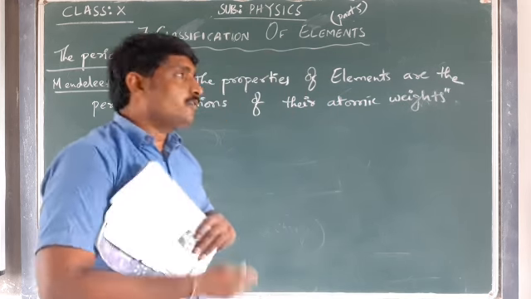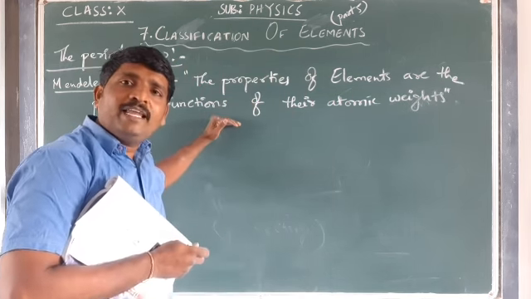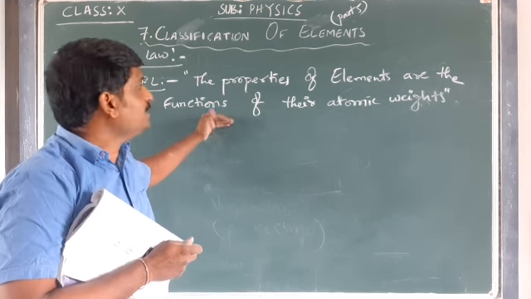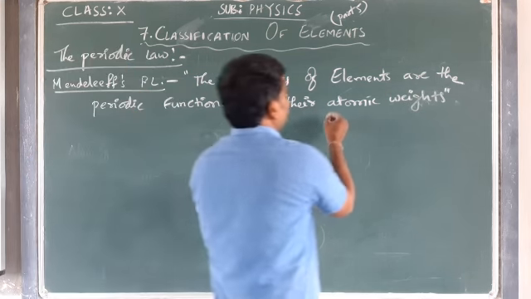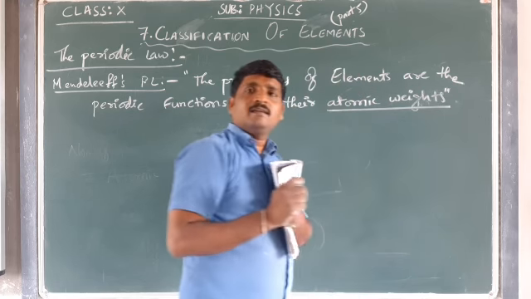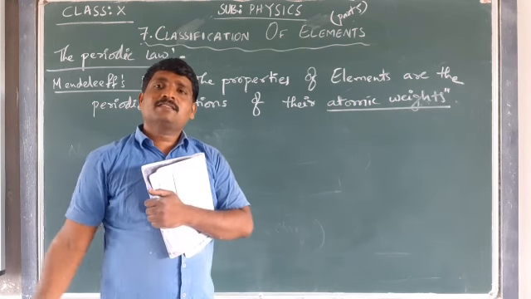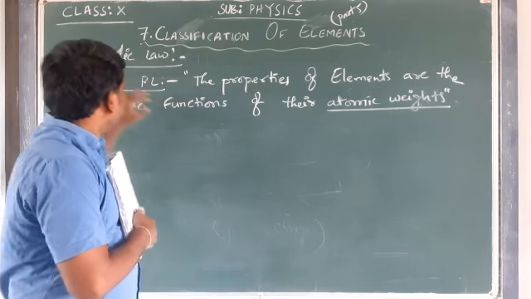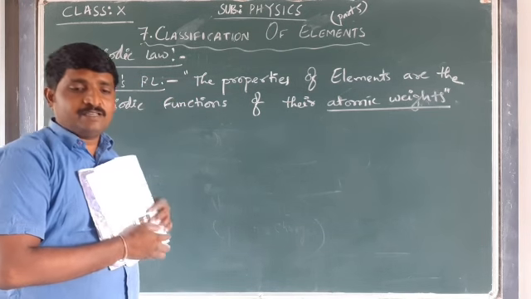This is the law. That is, the arrangement of elements in an ascending order of the atomic weights. Based on the atomic weights concept, the properties of the elements were categorized by Mendeleev. That is the last session we have discussed.